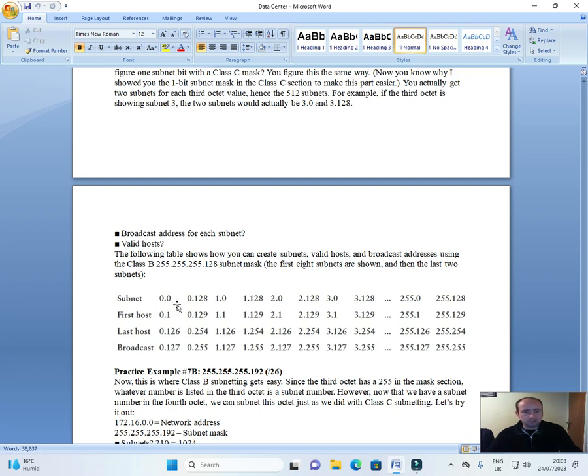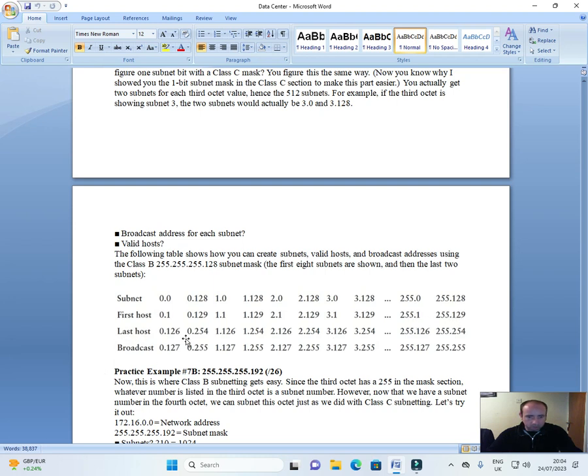Subnet: 0.0, 0.128, 1.0, 1.128, 2.0, 2.128, 3.0, 3.128, 255.0, 255.128. First host: 0.1, 0.129, 1.1, 1.129, 2.1, 2.129, 3.1, 3.129, 255.1, 255.129.